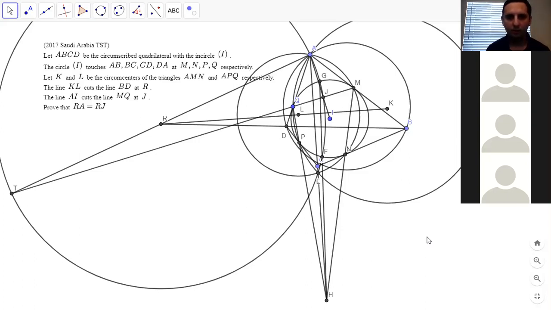So maybe we could try calculating the power of R. Can we use the power ratio lemma?